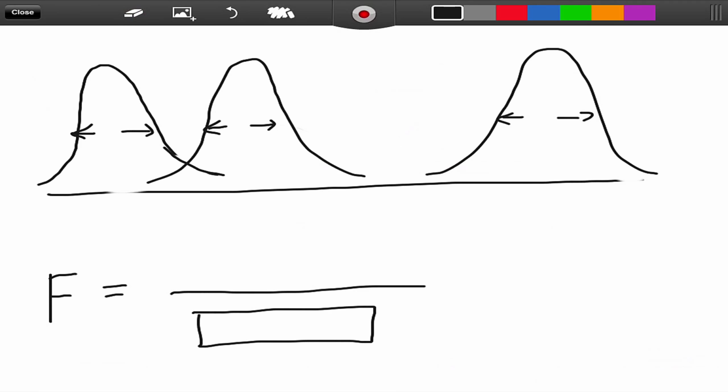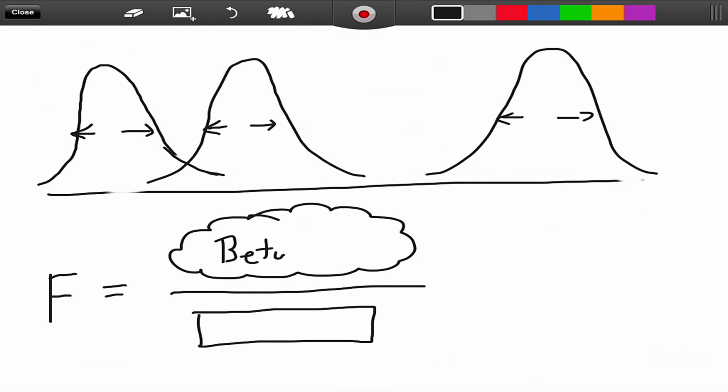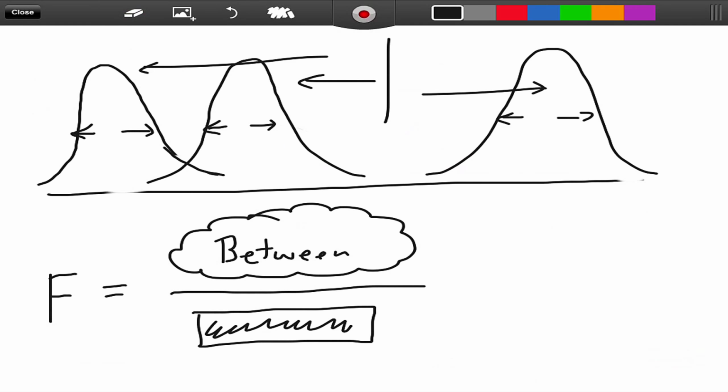Well, now we can concentrate on the variation between the distributions. So controlling for the variation down here in the denominator, as the variation between the distributions gets bigger, what happens? Well, our F statistic gets bigger. And guys, as our F statistic gets bigger, our p-value gets lower, which is more evidence against our null hypothesis.